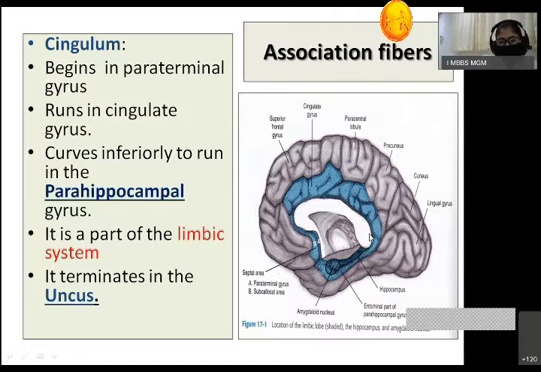It finally terminates in the uncus, part of the temporal lobe. So cingulum is also an example of long association fibers. It connects the parts of the limbic system.